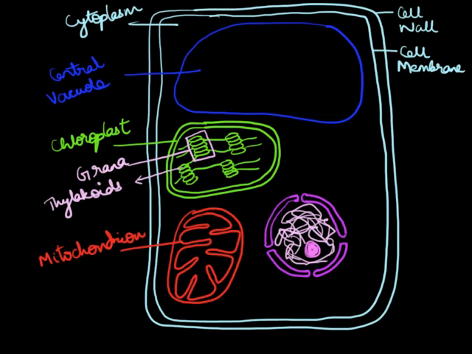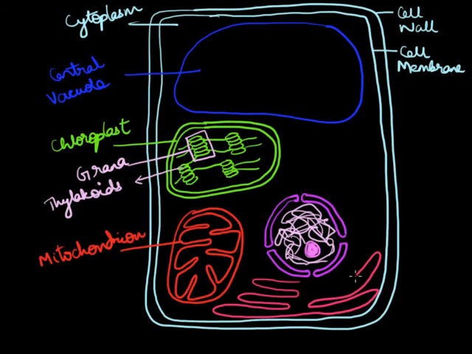The next step, we will draw the endoplasmic reticulum, which is basically a large network of membranes. Sometimes it is continuous with the nuclear membrane, but in this case, I am not drawing it like that. So just draw some folded lines like these.